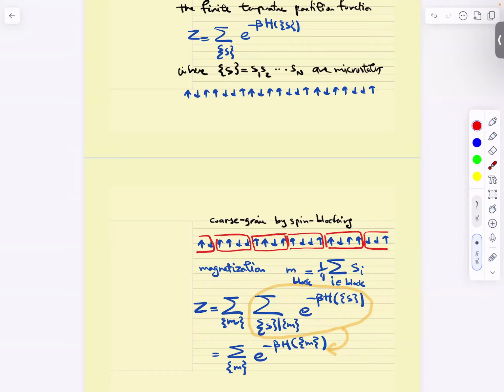Then I'm going to define these 2 boxes, and a variable M1 and a variable M2, which is the average: 1 over 3 of S1 plus S2 plus S3, and similarly 1 over 3 of S4 plus S5 plus S6.